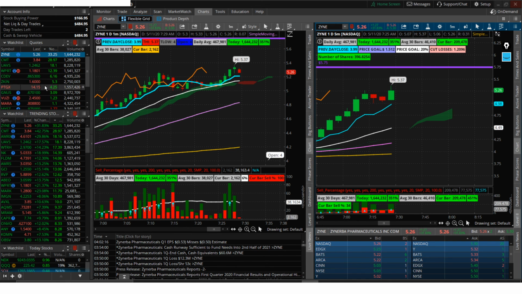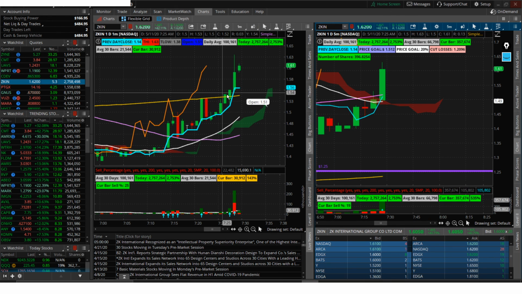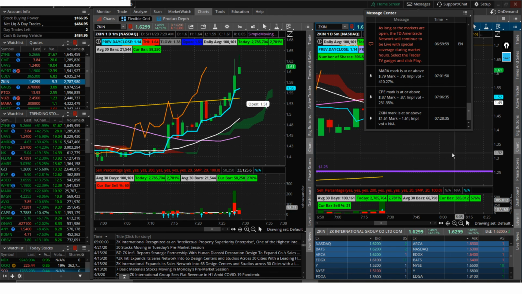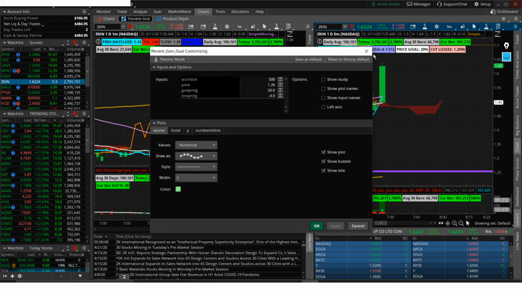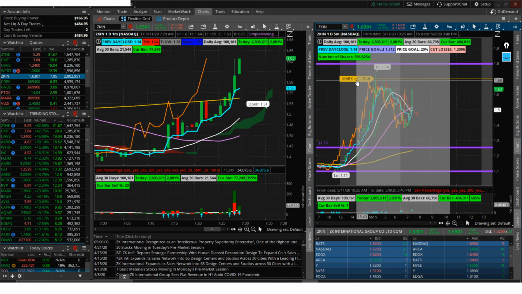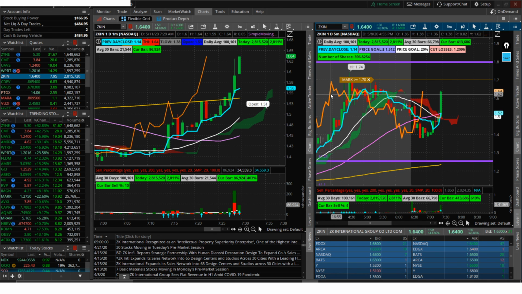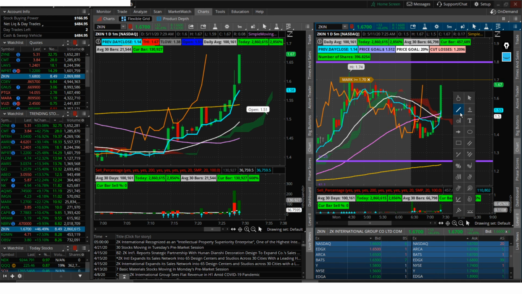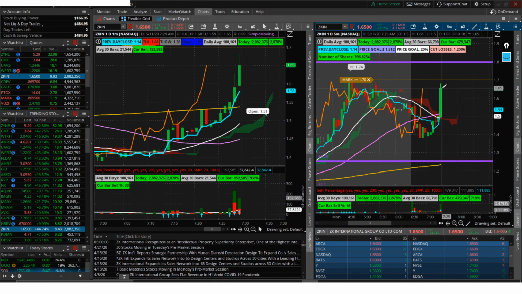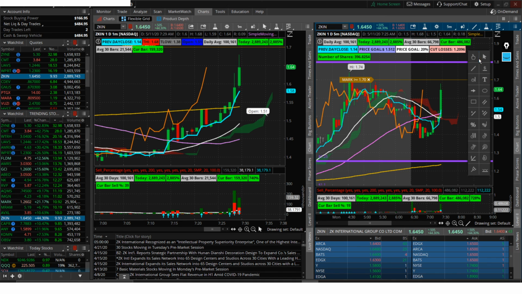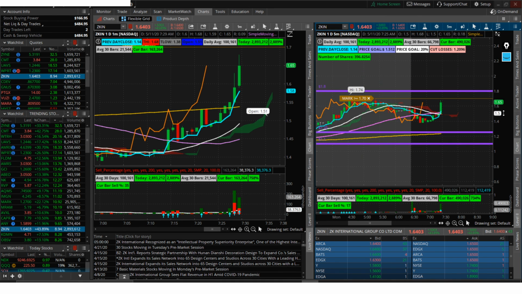So I just got an alert from ZKIN that it broke the 1.61 alert. Looks like it did. So now it has to get up to $1.70, and if I were to get in right there and buy even 100 shares, for me to make my 10%, it has to hit past that $1.80 mark.